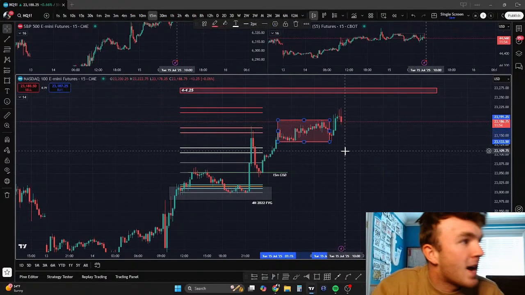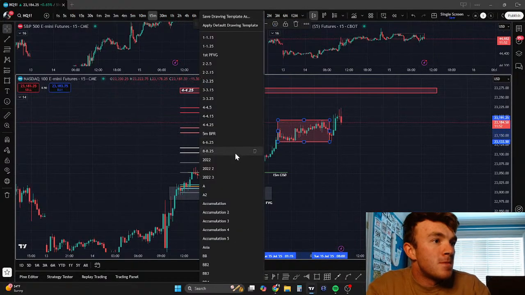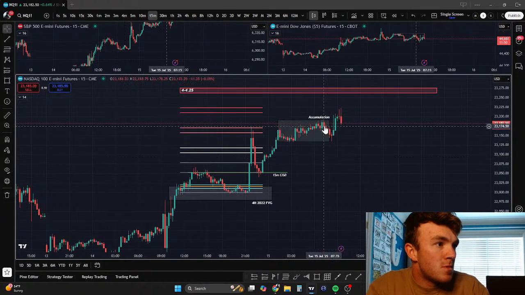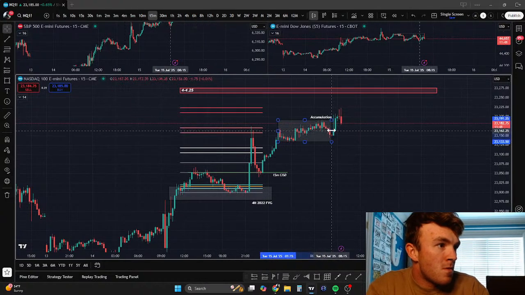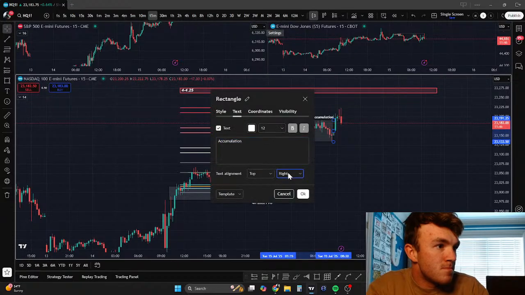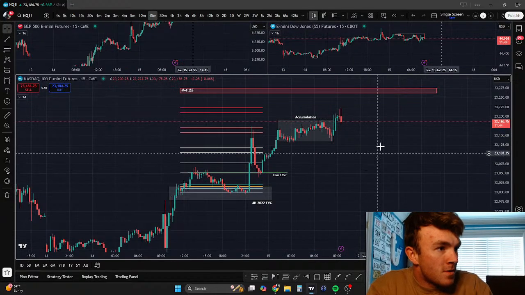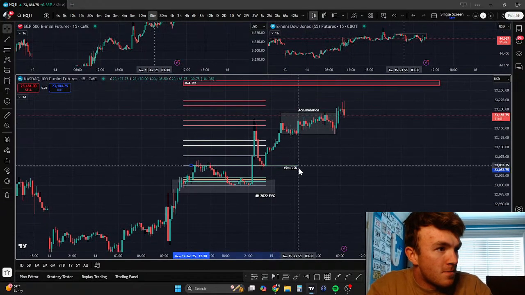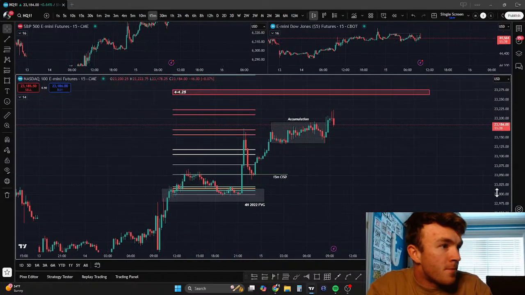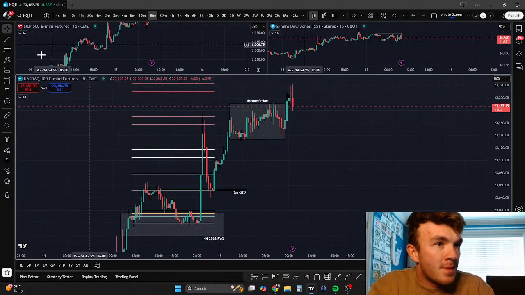Market open just happened. So accumulation. We have this 15-minute fair value gap here.